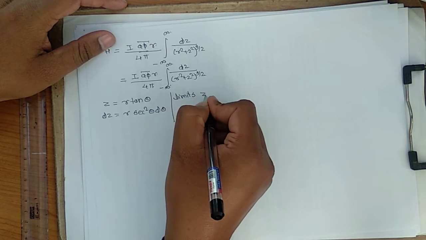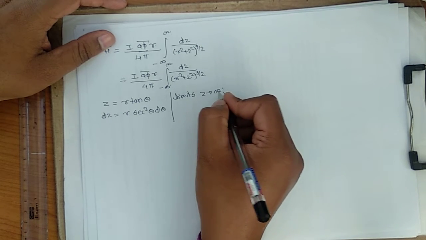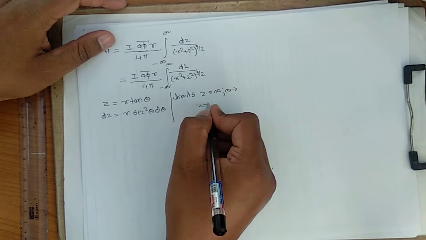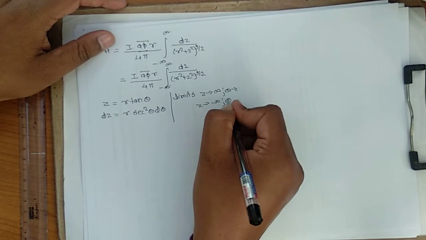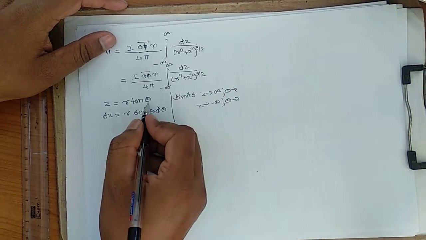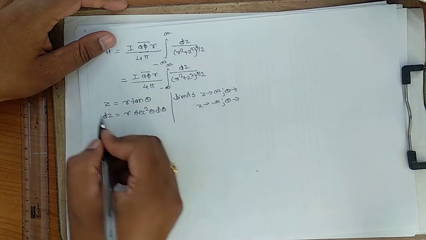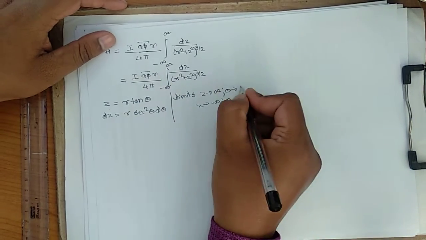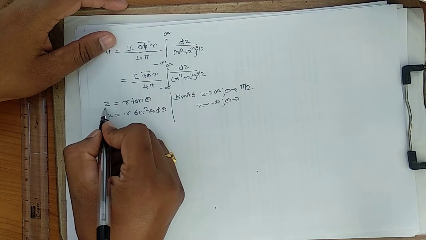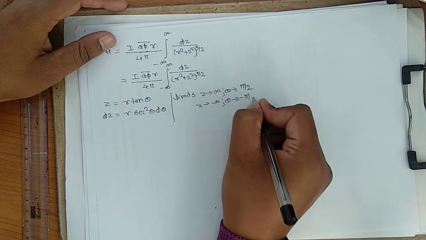When z was infinite, what will θ be, and when z was minus infinite, what will θ be? If you put z equal to infinity, tan inverse of infinity will be π/2. And if you put z equal to minus infinity, tan inverse of minus infinity will be minus π/2.